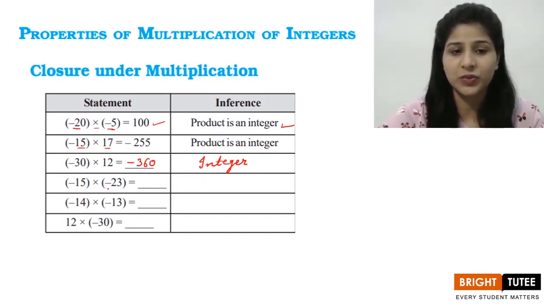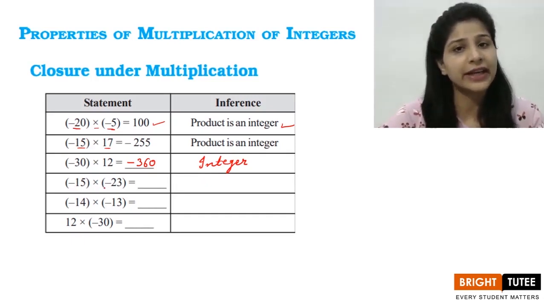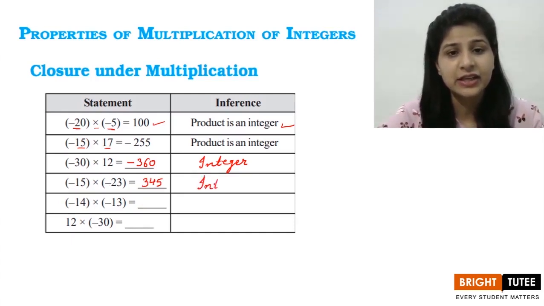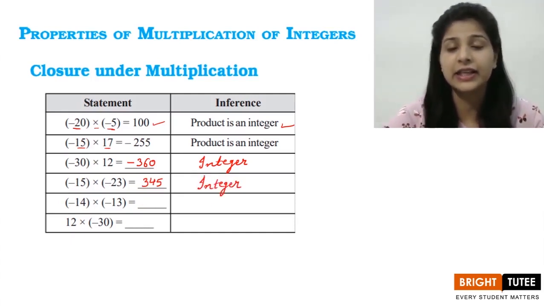The next one is minus 15 and minus 23. So negative times negative would be positive. And 15 and 23 you multiply, you are going to get 345 as the answer. Is this an integer, students? Yes, this is an integer. So we'll write it is an integer. The next one is minus 14 and minus 13. Again the negative sign is coming two times, that is an even number of times.